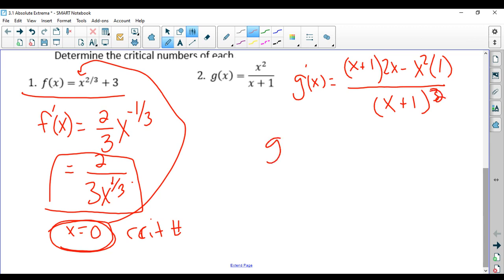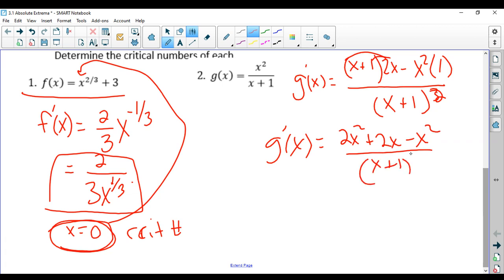Simplify the top, and you get the derivative is, distribute this, 2x squared plus 2x minus x squared. Simplifying, we have 2x squared minus x squared, which is x squared, plus 2x.